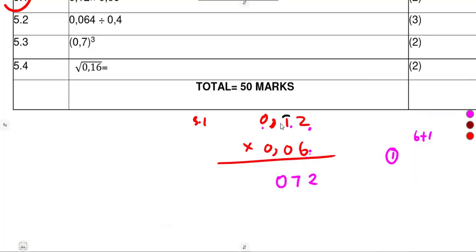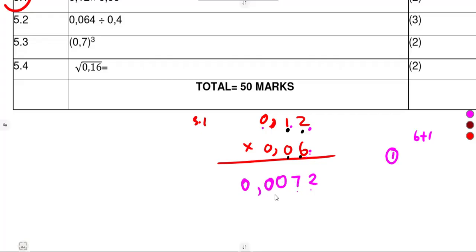We count these decimals after the comma. As we can see, you're supposed to have 1, 2, 3, 4 after the comma. You're supposed to have 4 decimals after the comma. So that's 1, 2, 3, 4. We are supposed to put another 0, so that is supposed to be like this, 0,0072.